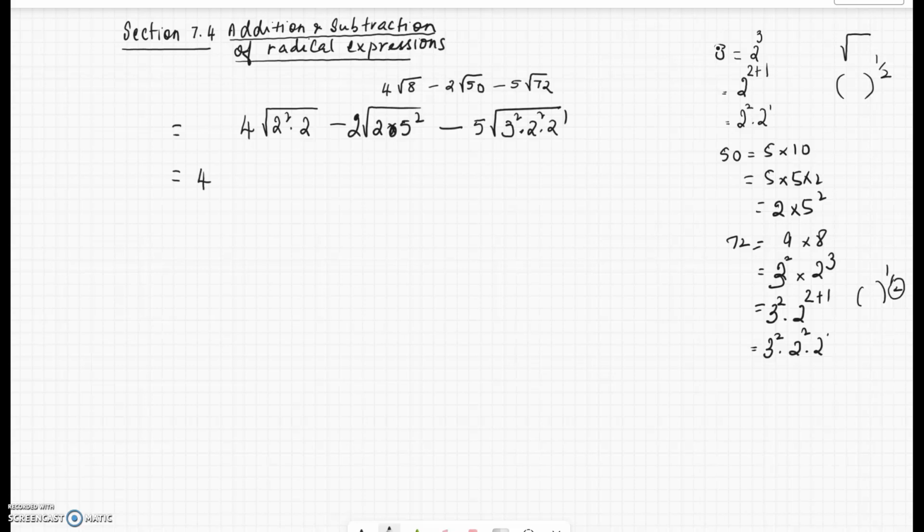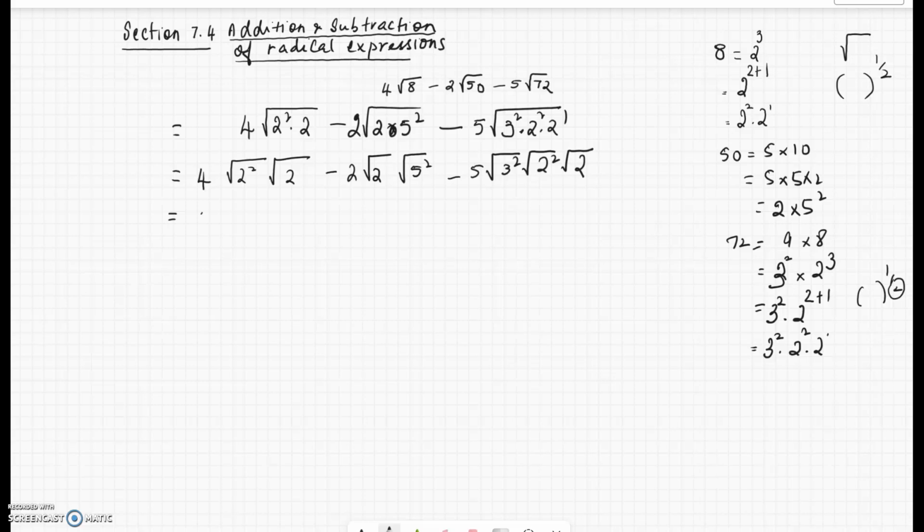So that is radical 2 squared, radical 2, square root of 2 minus 2, radical 2 times radical 5 squared minus 5 times radical 3 squared, radical 2 squared, radical 2.